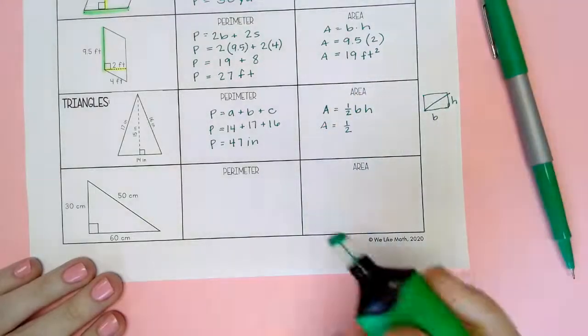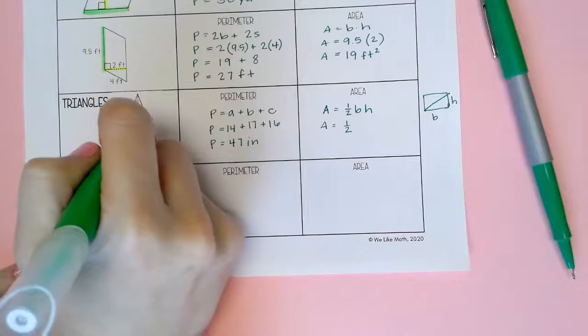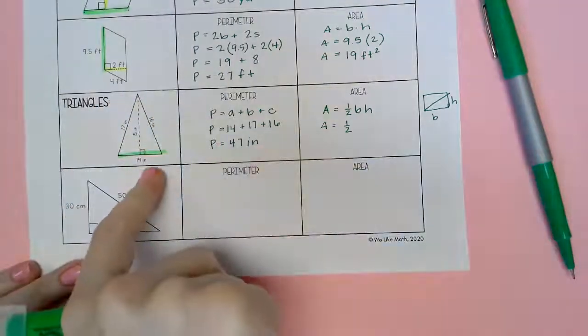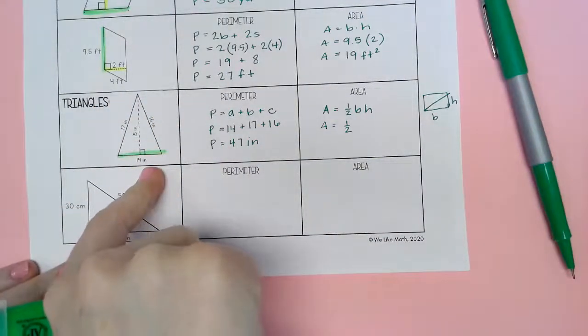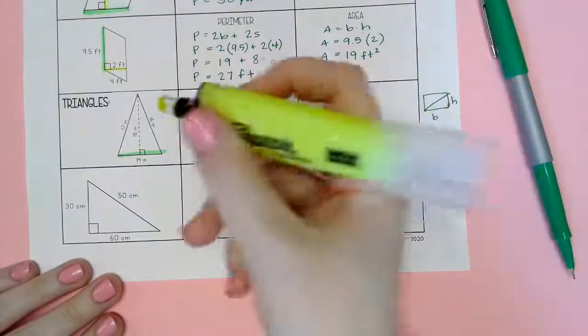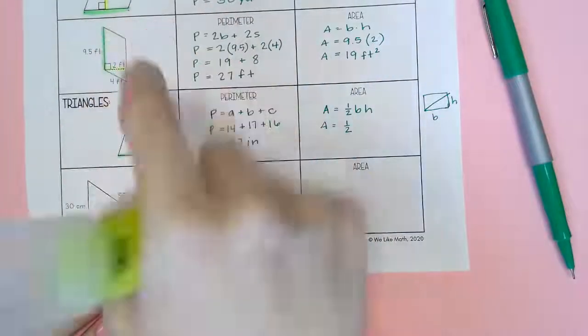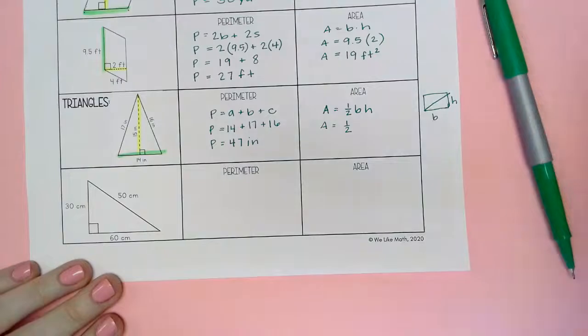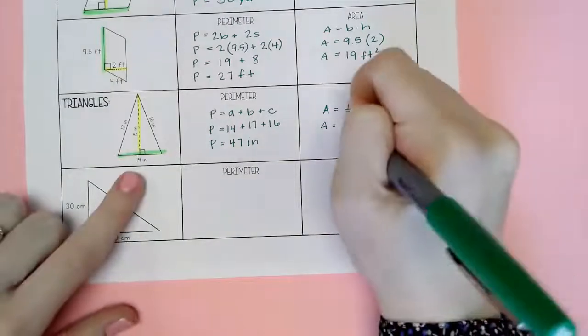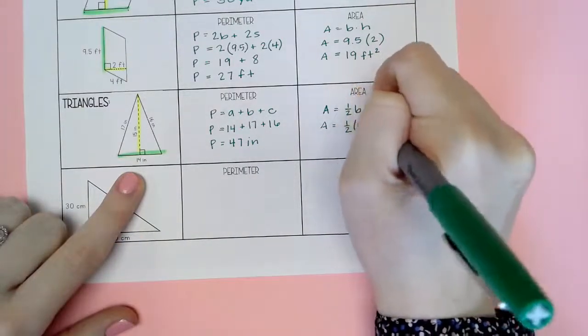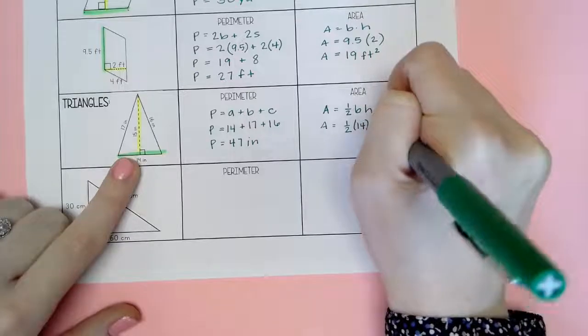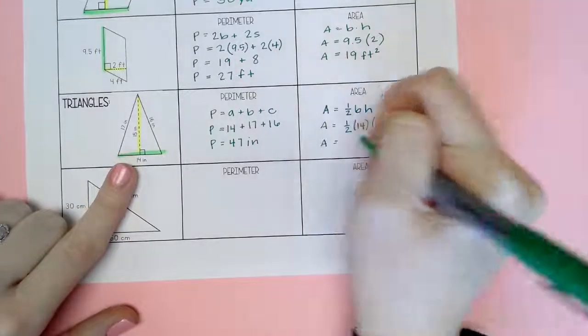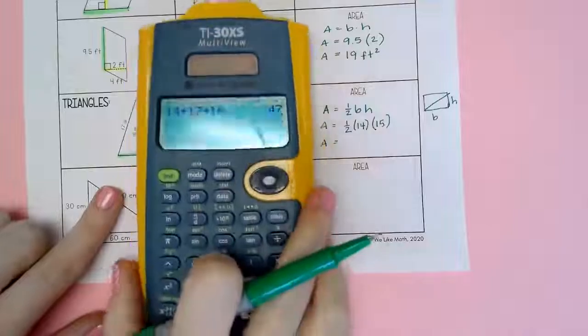Now my base, similar to my parallelogram, is going to be whatever side is perpendicular to the height, meaning it makes a right angle, right? So my base is 14, and my height is 15. So A is equal to, you can do this in a variety of ways.